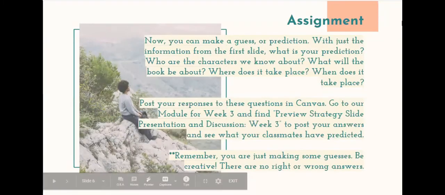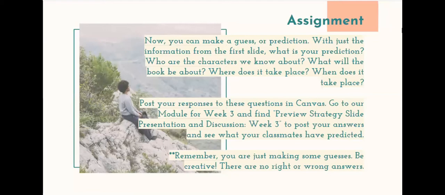All right, so here's your assignment. Now you can make a guess. We call this a prediction. You're predicting what the story is going to be about. So with just the information from the first slide, what is your prediction? Who are the characters that we know about? What will the book be about? Where does it take place? When does it take place?